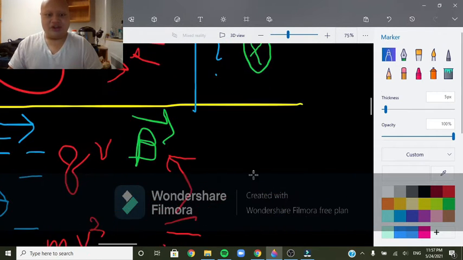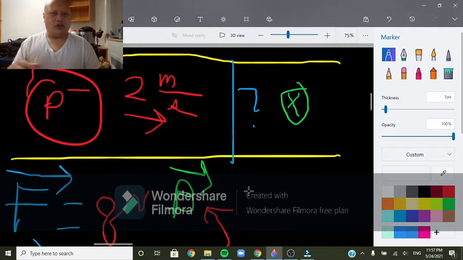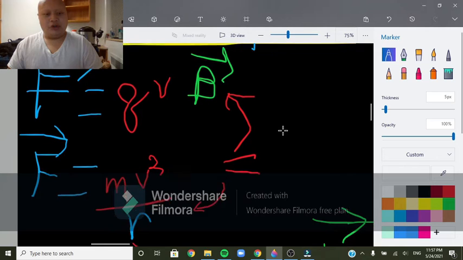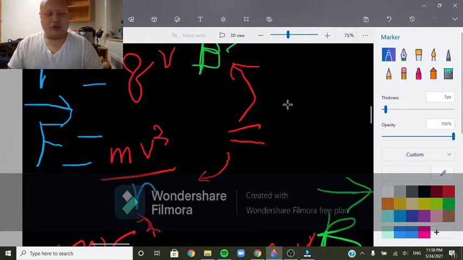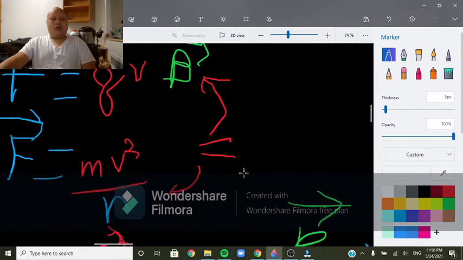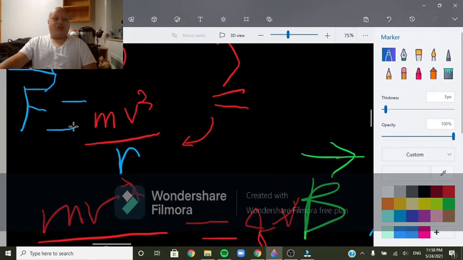Since it's inside a tube and basically going in a circular motion, the magnetic force is also equal to the centripetal force, which is the mass of the particle times the velocity squared over the radius. So we set the magnetic force and the centripetal force equations equal to each other.